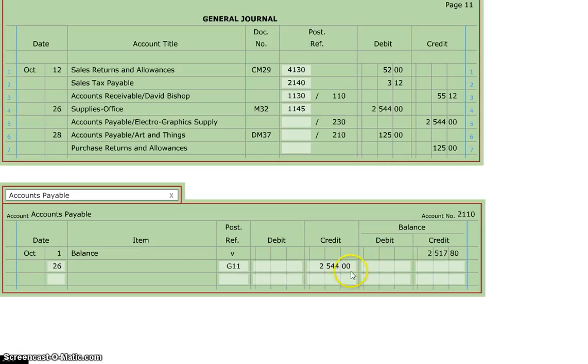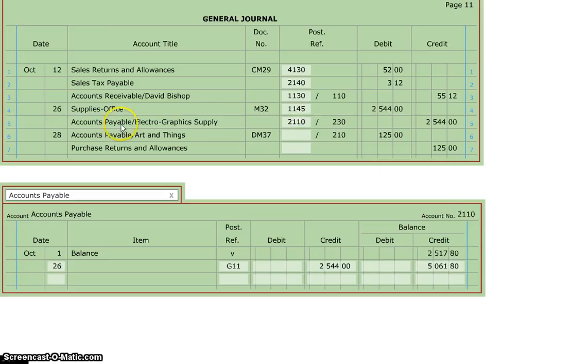And now that we have a credit and a credit, we're going to add these two together. So our new balance is going to be $50.61.80. And plug this number in to be sure you can see that it was posted.